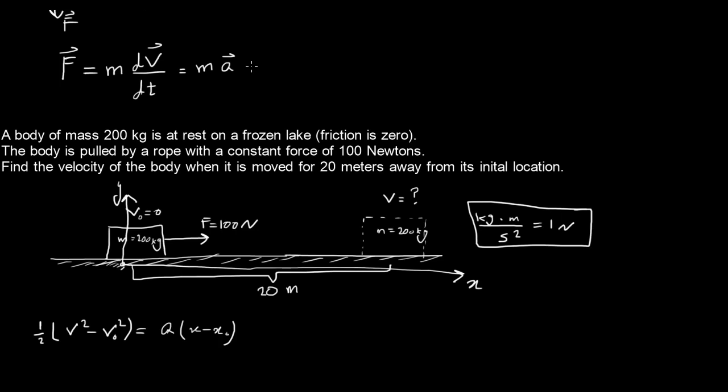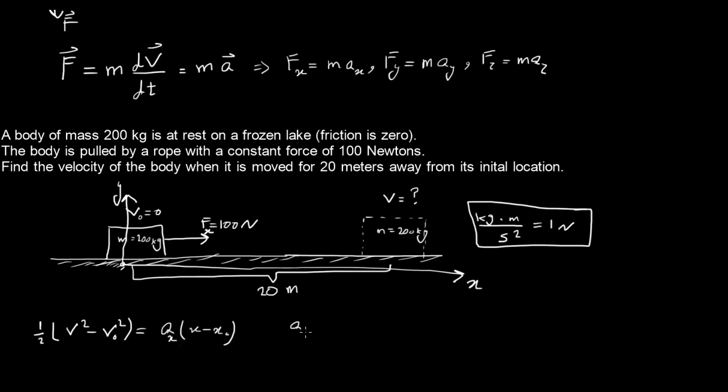Now remember, when I had a vector equation, I could always write it in its component forms: Fx is equal to max, Fy is equal to may, and Fz is equal to maz. Now in this case the force is in the x direction, therefore I have Fx, not Fy, not Fz. It's Fx, and this is actually ax.